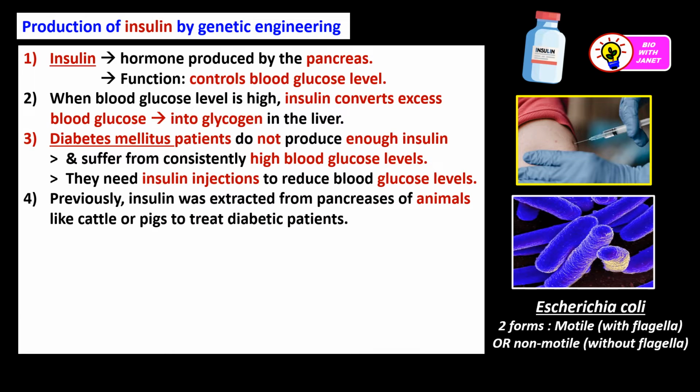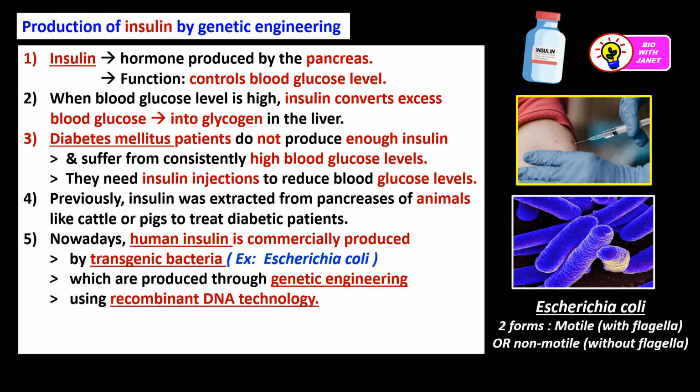Now, previously, this insulin was extracted from the pancreases of animals like cattle and pigs to be injected into these diabetic patients. But nowadays, human insulin is commercially produced by transgenic bacteria, such as those from the species Escherichia coli, as seen here.